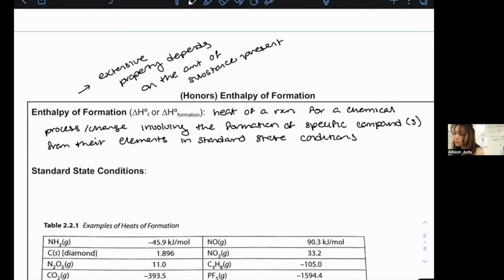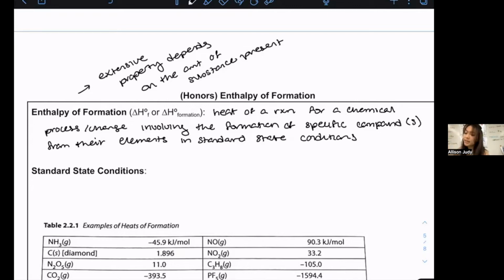So that's what the enthalpy of formation tells us: the heat of a reaction for a chemical process and change based on the formation of specific compounds from their elements in standard state conditions.